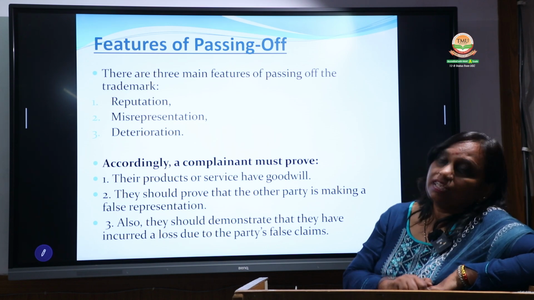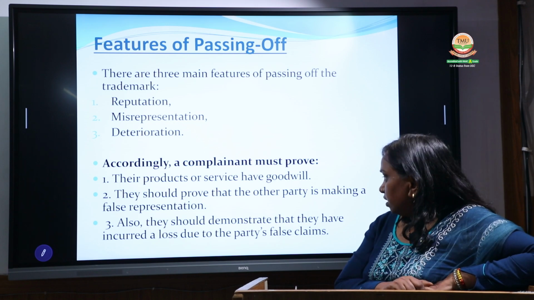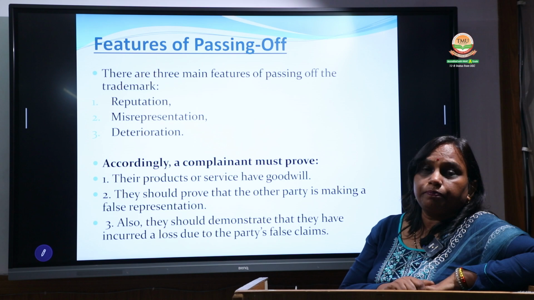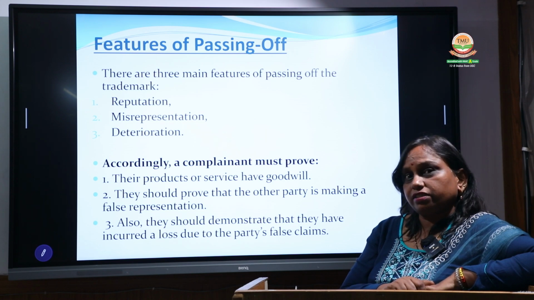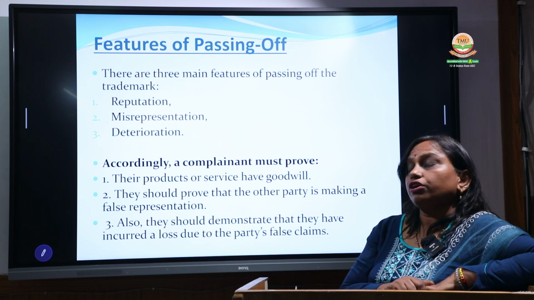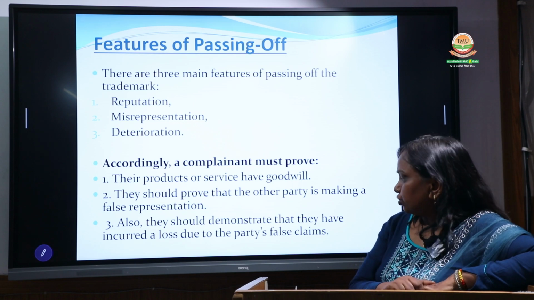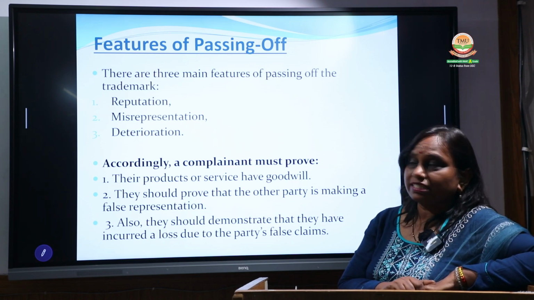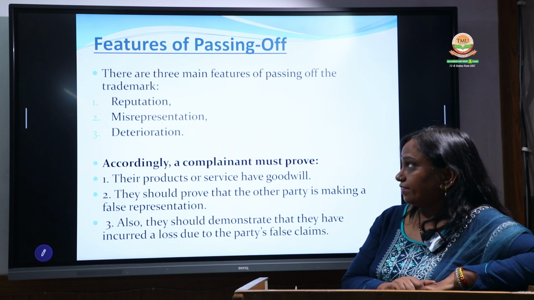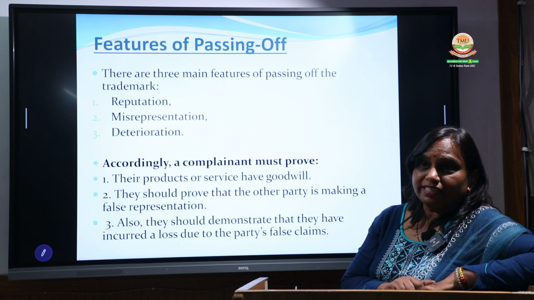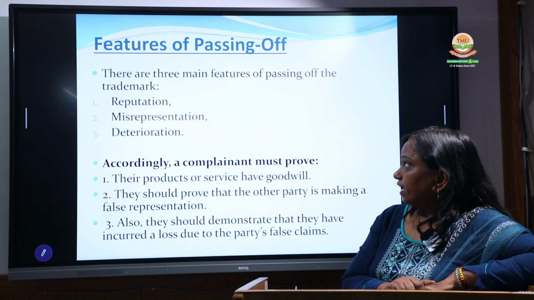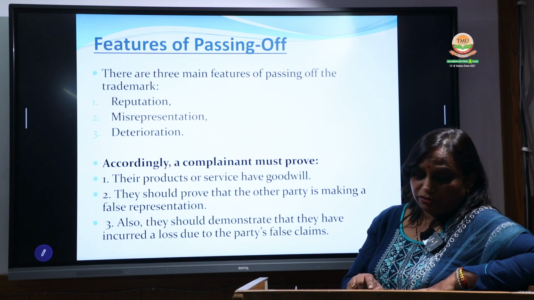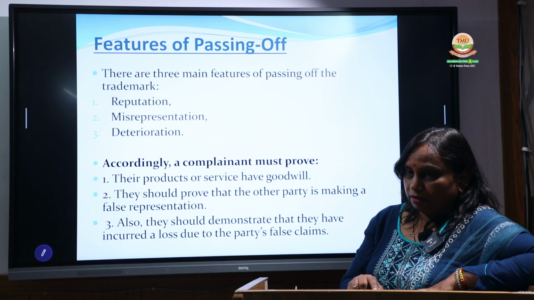Another important thing is they should prove that the other party is making a false representation, meaning the goods or services are not sold by the authorized person, and also they should demonstrate that they have incurred a loss due to the party's false claims. So these three important aspects are required for protecting a particular trademark with the help of passing off.